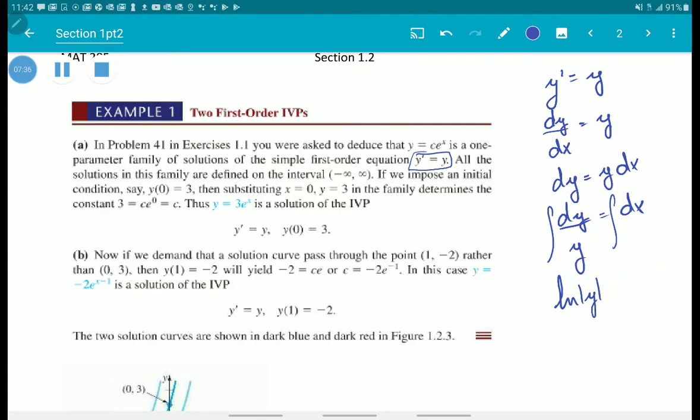Actually, instead of putting the constant on the left, I'm going to put the constant on the right. It doesn't matter which side you put it on. You can put it on either side. Why we don't put it on both sides, let me go back and explain that. We could do that, but ideally, you want to try to solve for y if you can.